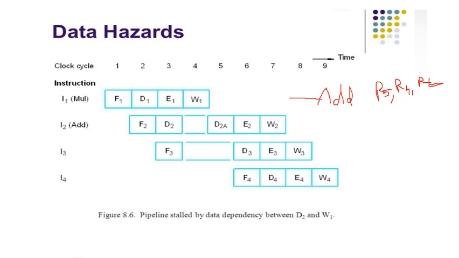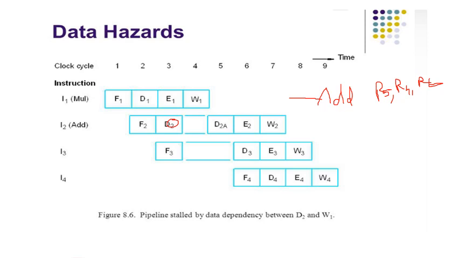That is the example we have chosen. Hence, it is realized that R4 is used as a source operand while the instruction is being decoded during cycle 3.